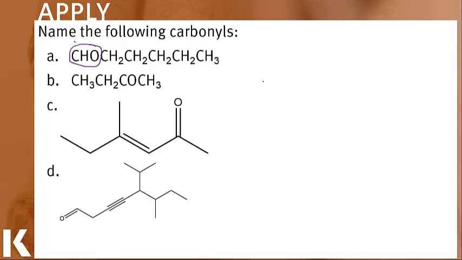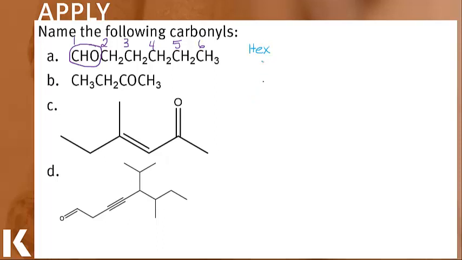So we're going to name this carbon number 1. So I have 1, 2, 3, 4, 5, 6. I have 6 carbons in this chain. So I know that this group is going to be a hex.